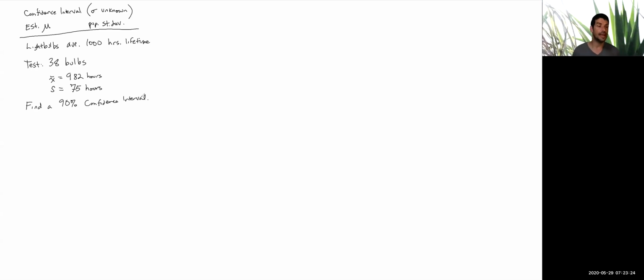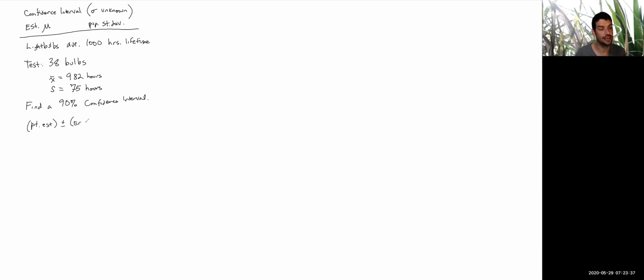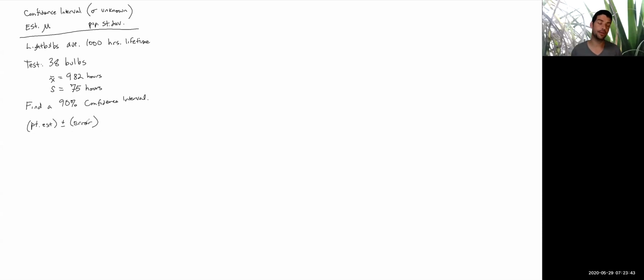Okay, now remember all of our confidence intervals. We start with a point estimate, and then we're going to add and subtract error, right? All of them look this way, right? And the big difference is going to be, how do we compute this error, right?